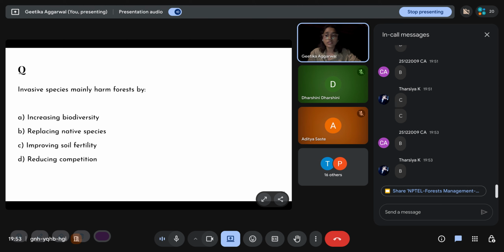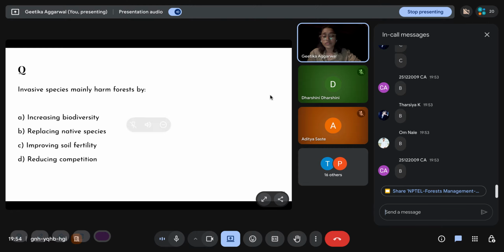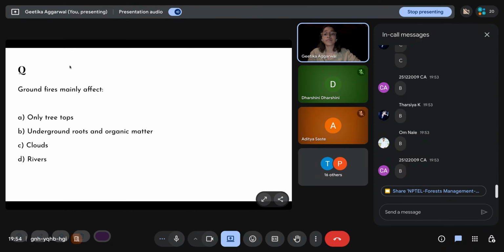Any guesses? Yeah, we've discussed this at length now. An invasive species is actually replacing native species, and that is how it leads to destruction of forests.